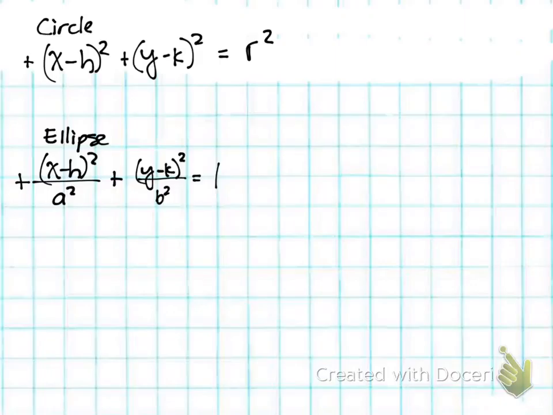So these two denominators must be different. What happens if both of these denominators are the same? It's a circle. Because then we would just multiply everything by a squared, which really is r squared, right? And it would be moved over here. So we know it's an ellipse when we have different denominators and it's positive and positive. Follow me? Okay, last one, hyperbola.